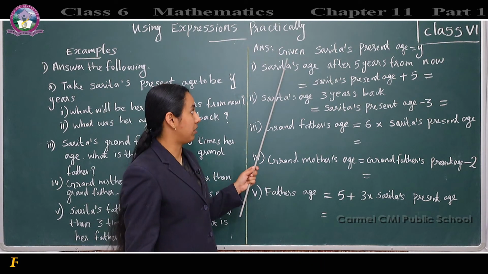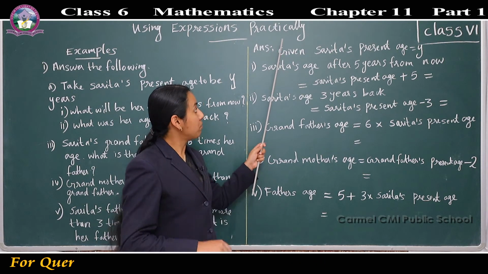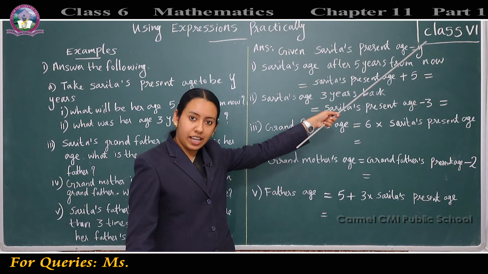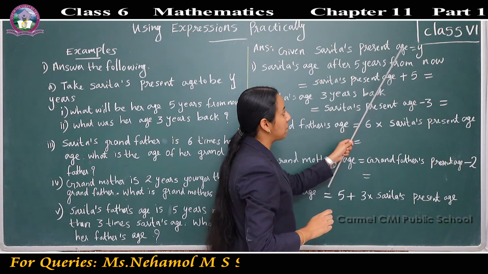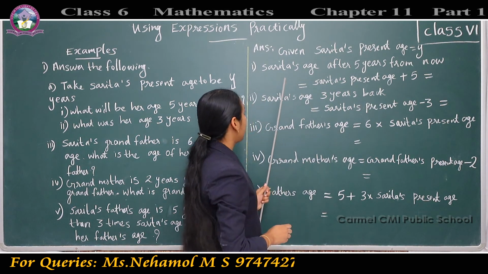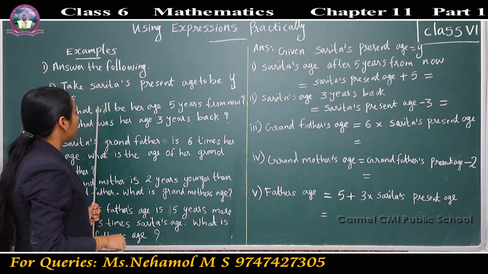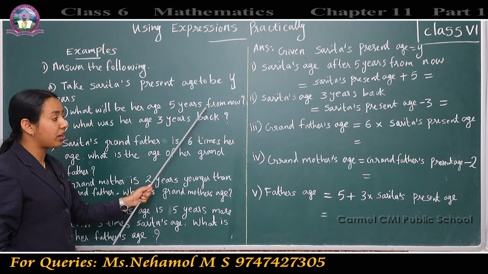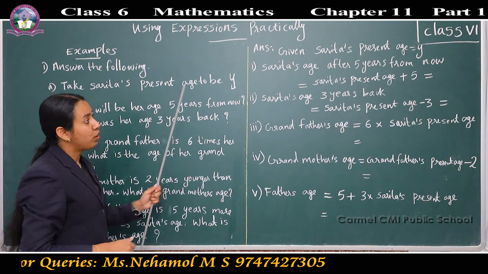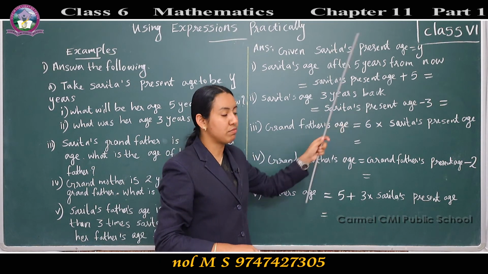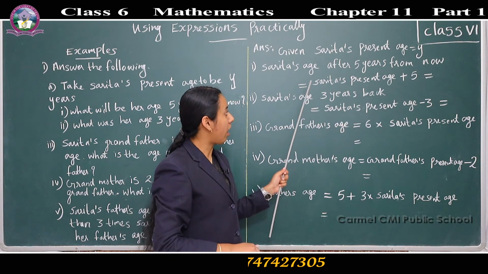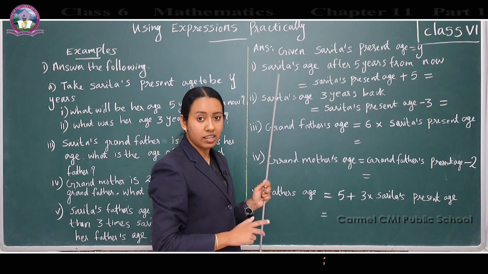Answers. First one, we are given Sarida's present age is y. Then, what is the first question? What will be her age 5 years from now? We have to find after 5 years what is the age.